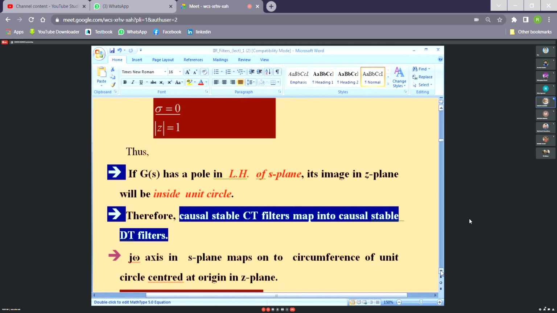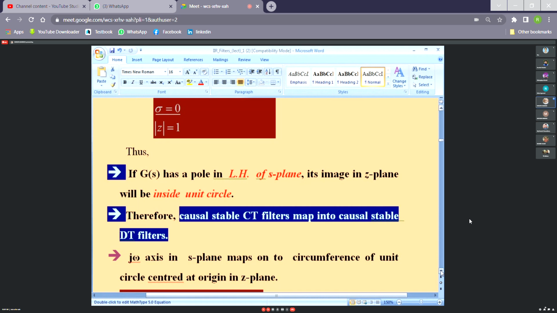There was one complete traversal of the circumference of the unit circle. So when you sweep along the j omega axis from omega equal to minus infinity to plus infinity, the circumference of the unit circle was traversed an infinite number of times.